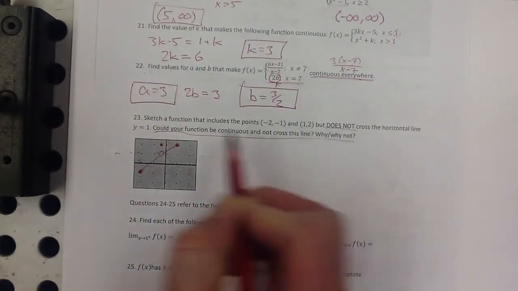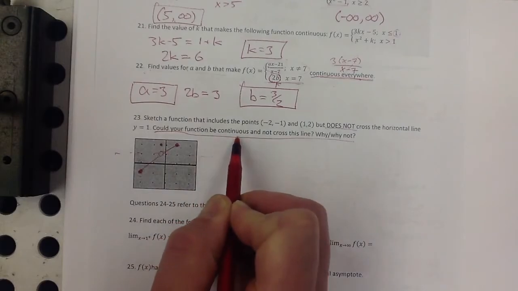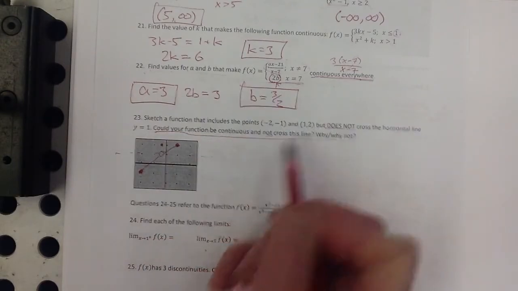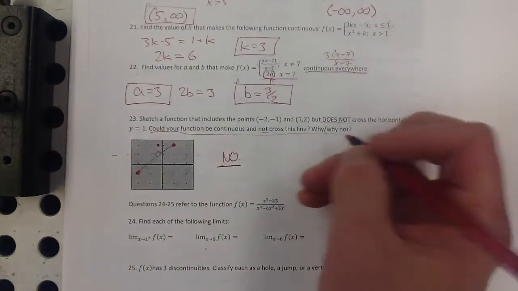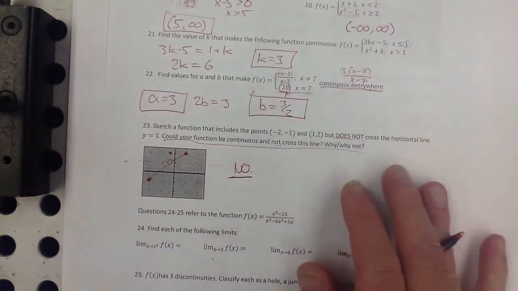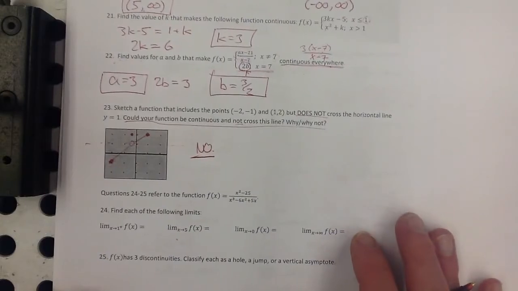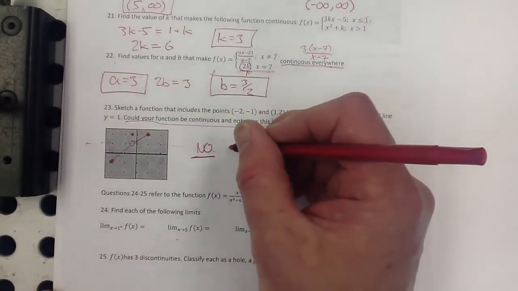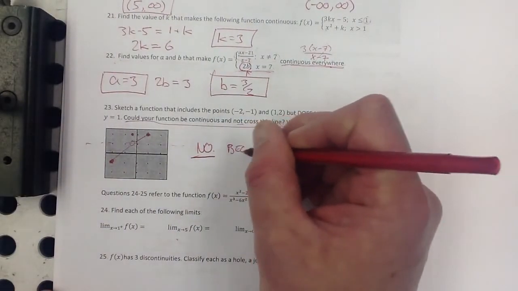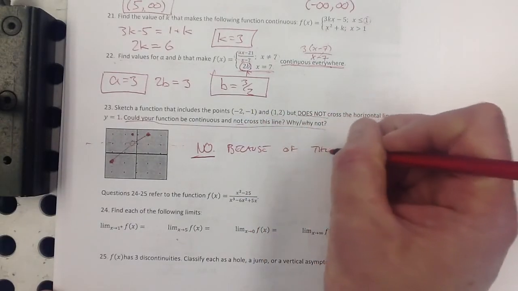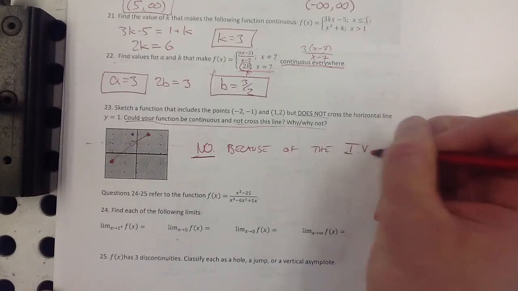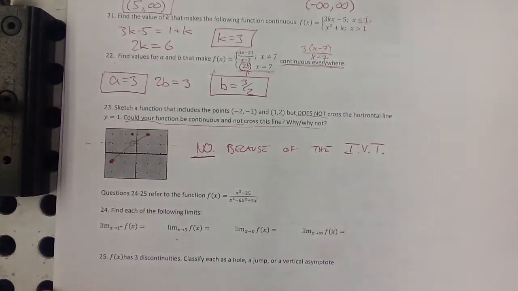And then the follow-up question here, could your function be continuous and not cross this line? And the answer is no. Why or why not? I think the best explanation, referring to things that we've studied in this chapter, would be because of the intermediate value theorem, right?